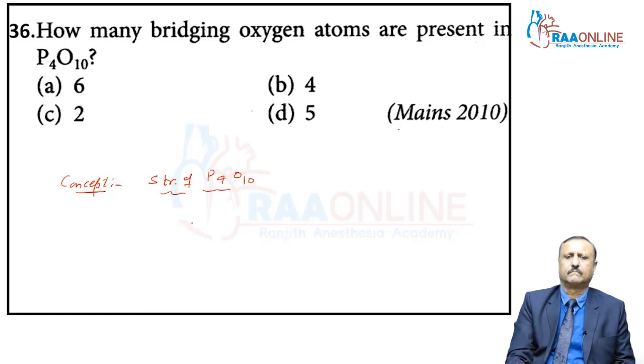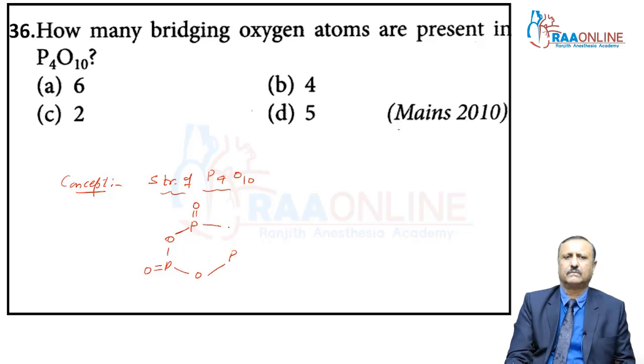My dear students, you see the structure of P4O10. One oxygen atom is always attached to this phosphorus, and the phosphorus atoms are not directly attached. Here this oxygen is attached, then phosphorus, then this phosphorus is attached with this oxygen, then oxygen in the ring, then phosphorus, because we made a cyclic ring structure.